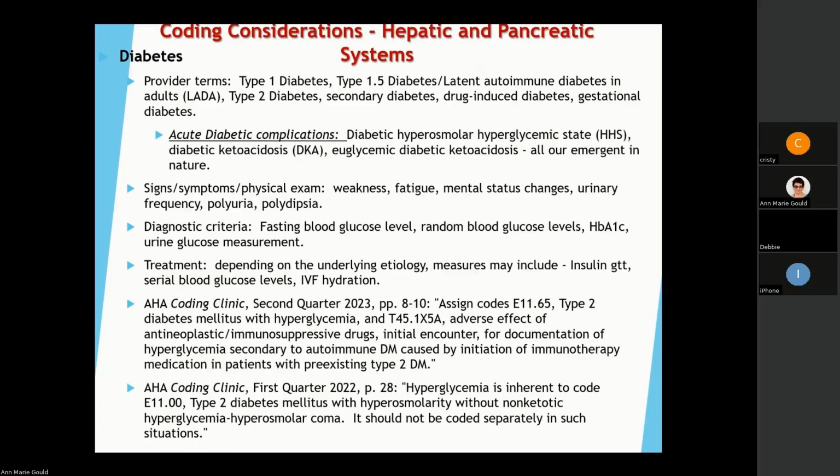So if you have type 2 diabetes with HNK, HHC, and you'll see all that listed by the providers, you only code the E11.00, and you don't code the E11.65, type 2 diabetes with hyperglycemia, as noted above. Okay. And like I said, the 3M encoder will give you exclude notes within the encoder for your nosology edits. They will tell you, no, you can't have this code with that code. All right.